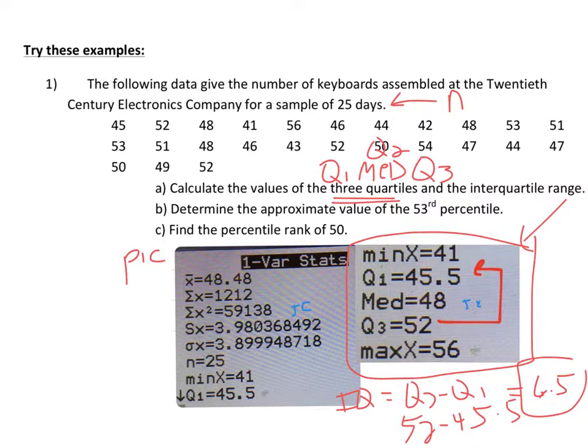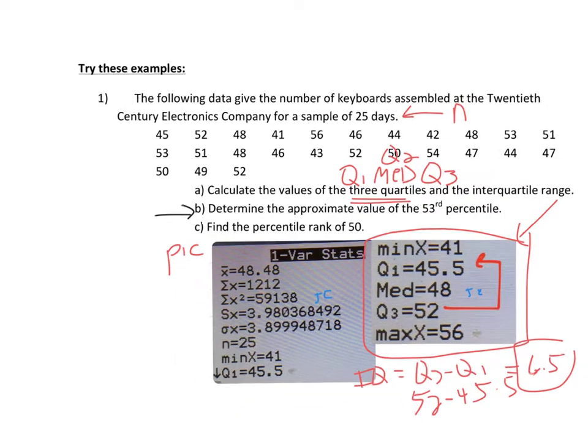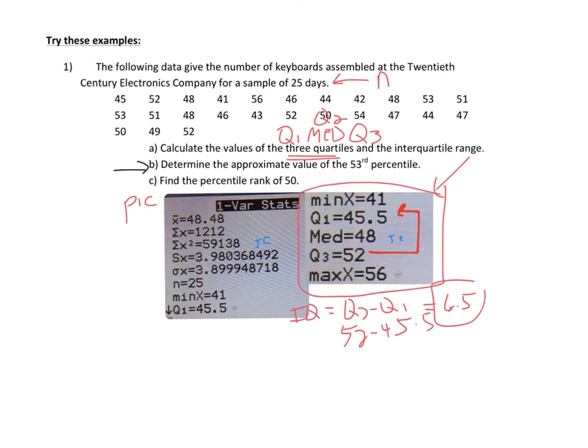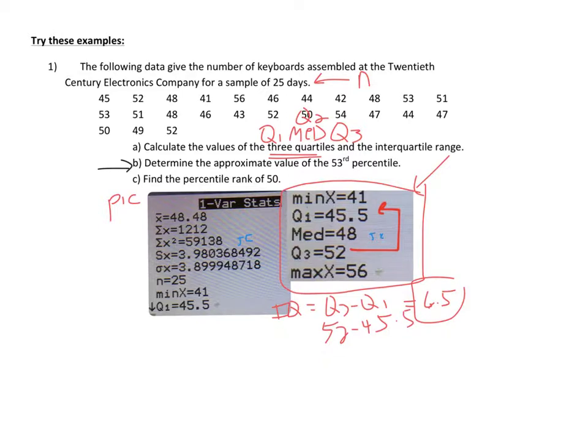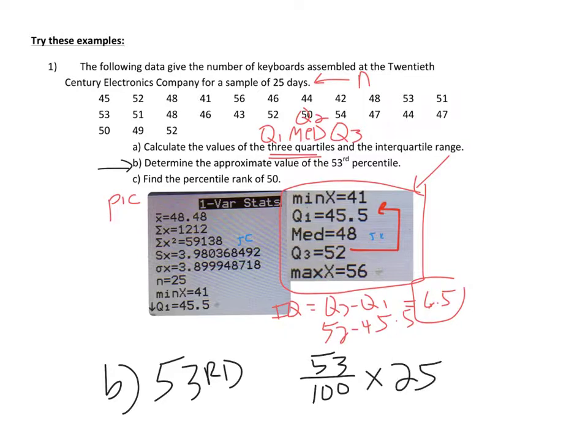Now for letter B, what we want to do is determine the approximate value of the 53rd percentile. We want to find which value corresponds to the 53rd percentile. So we're going to use that formula where we take the percentile rank divided by 100 and then multiply it by the number of numbers, in this case 25.